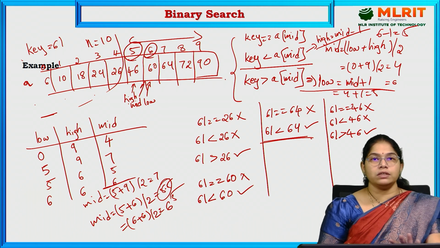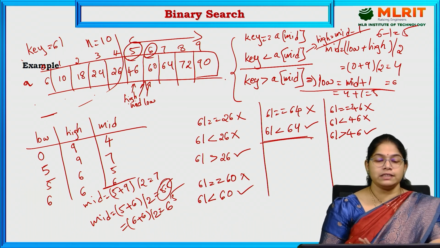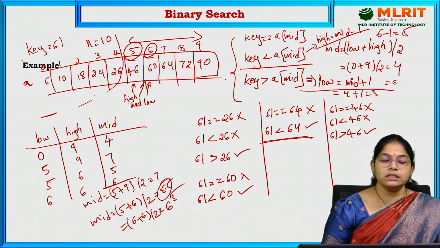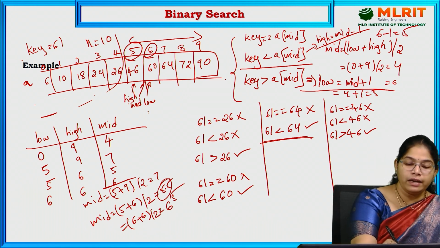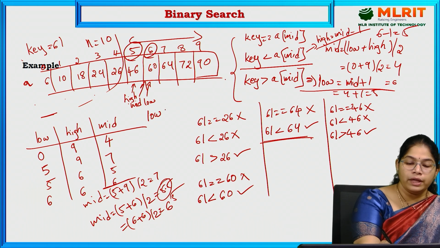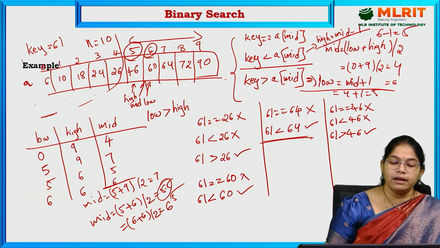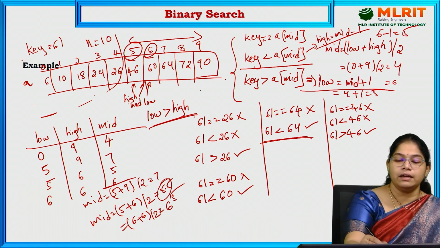Low crossed high. In such a case, the element is not found in the given list. The element is not present in the given list when low is greater than high. Low is greater than high. This represents that the element is not present.